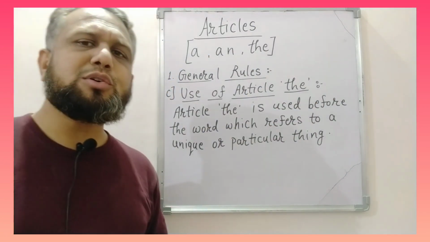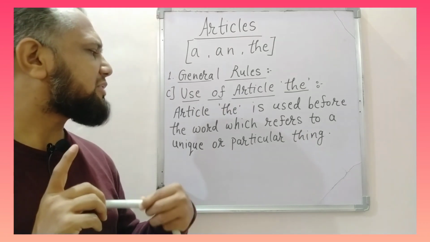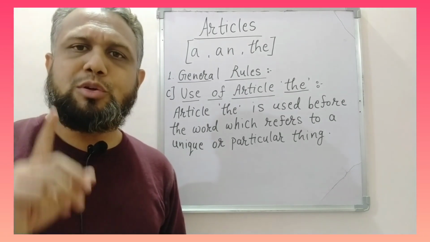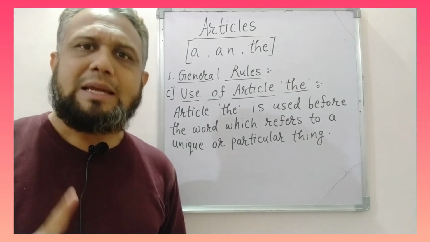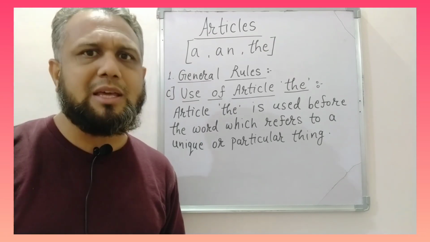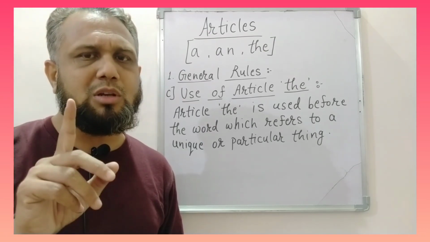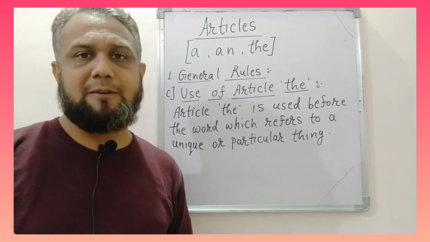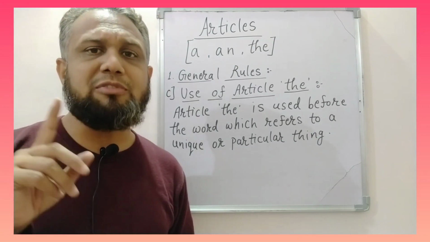Article the is used before the word which refers to a unique or particular thing. Means to use article the, it is necessary that we are talking about a unique thing which is only one in the whole universe, or when we are talking about a particular thing, a particular type of thing.